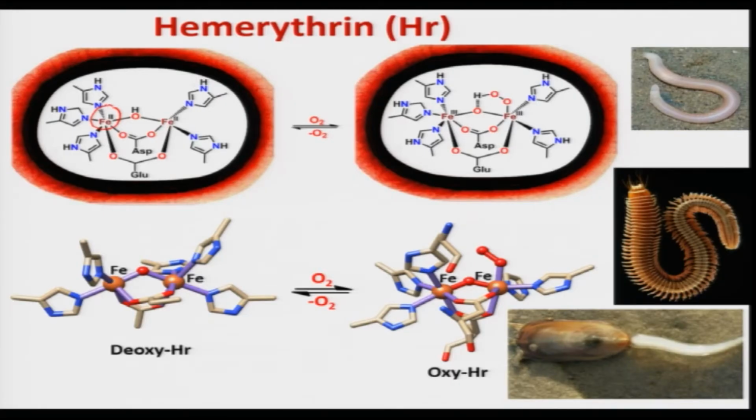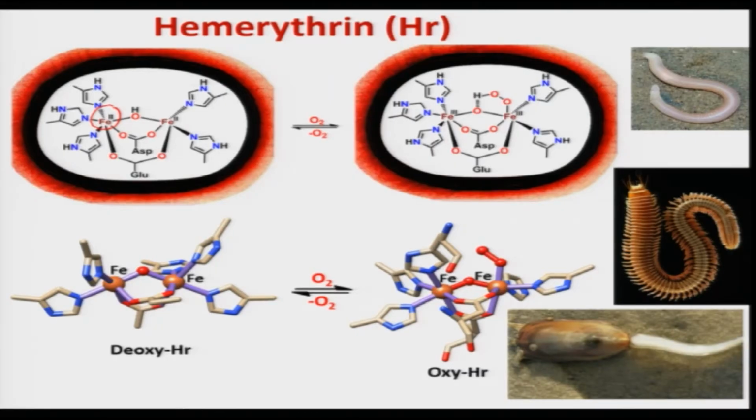In iron 1 there are 3 histidine moieties. However, remarkably, in iron 2 it is only 2 histidines. So, the iron 1 center is 6 coordinated, whereas the iron 2 center is 5 coordinated. That means there is a vacancy in the coordination site where dioxygen can possibly bind.